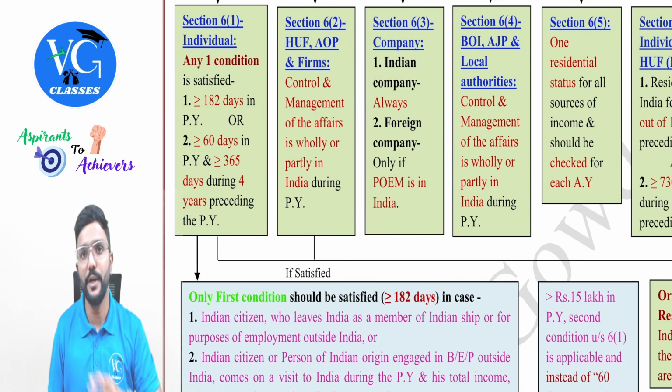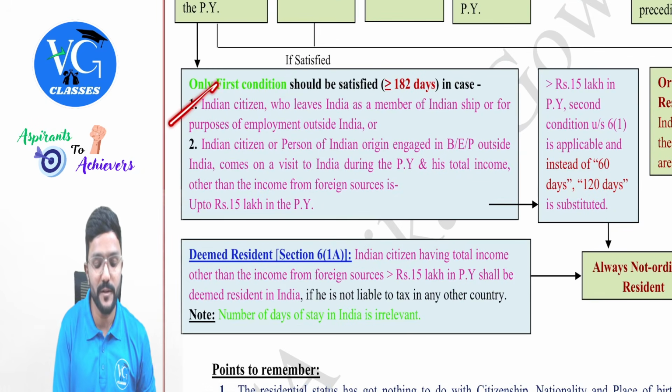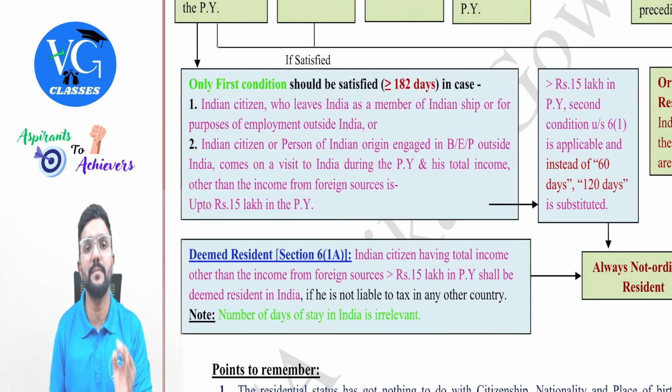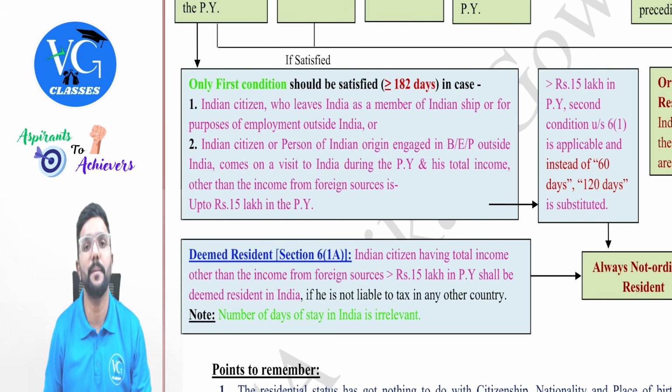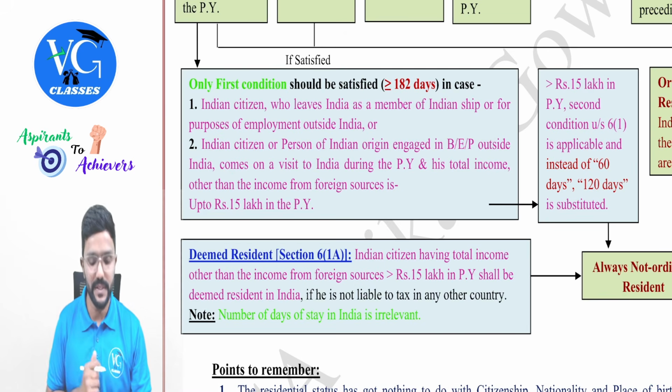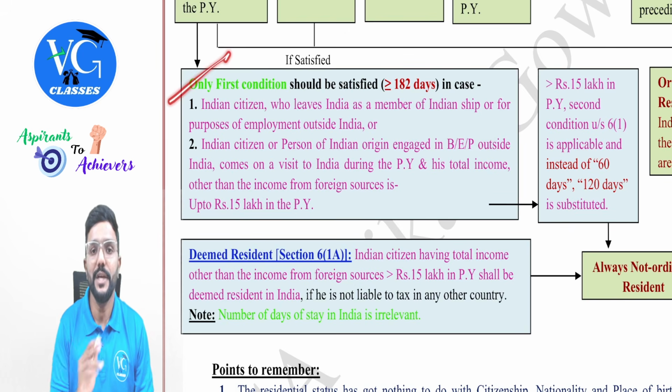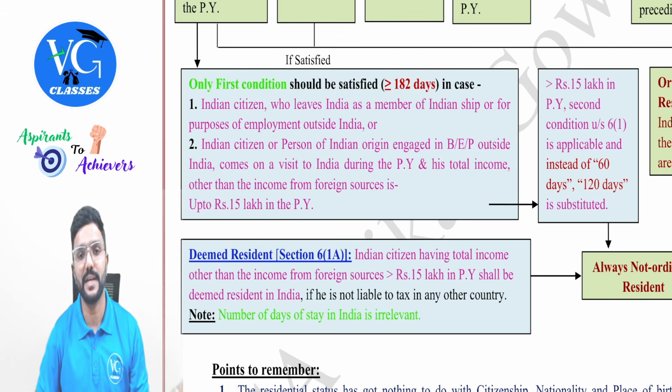So if you are an individual who is covered in any one of this special case, then you can become a resident in India only if you satisfy the first condition given under section 6(1), which is 182 days or more during the previous year. Is that clear? Yes. So what is it? We will see. Only the first condition should be satisfied, that is 182 days or more in the following cases.